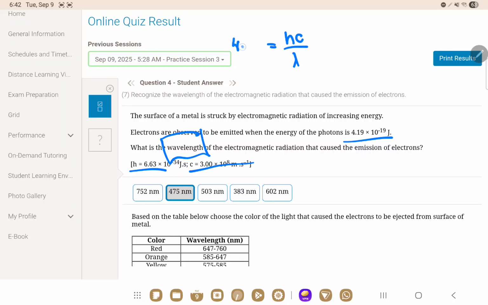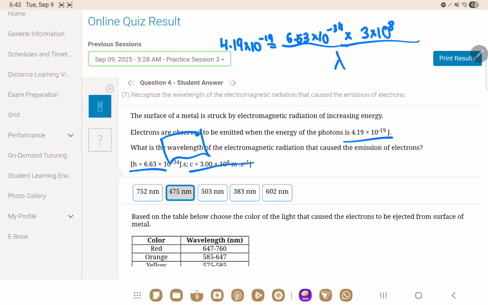So energy is 4.19 times 10 to the power negative 19. H is 6.63 times 10 to the power negative 34. That is all times 3 times 10 to the power of 8, all over wavelength.